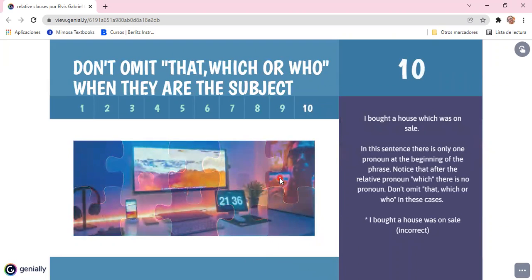I bought a house. Don't omit that, which, or who when they are the subject. Now, I bought a house which was on sale. In this sentence, there is only one pronoun at the beginning of the phrase. Notice that after the relative pronoun which, there is no pronoun. Do not omit that, which, or who in these cases.